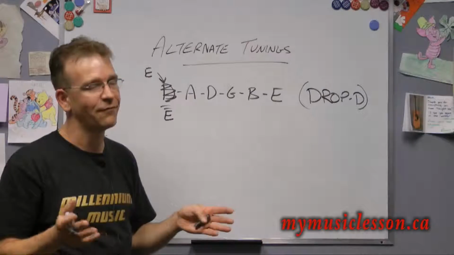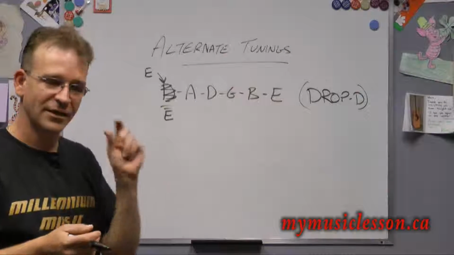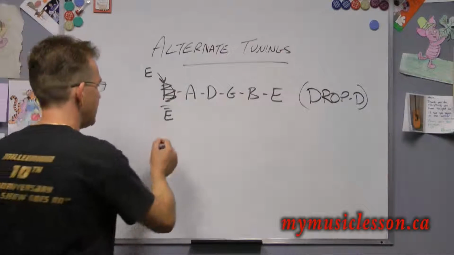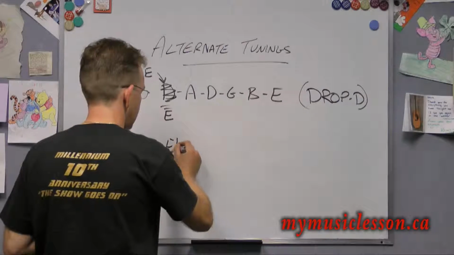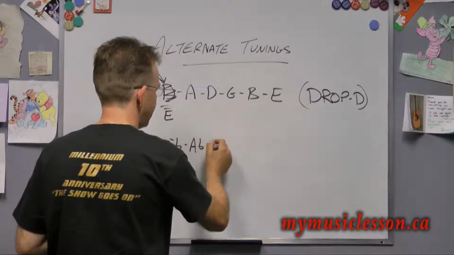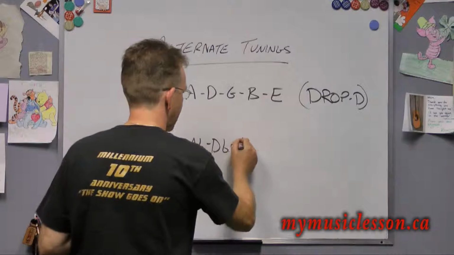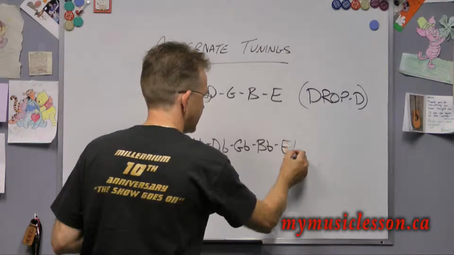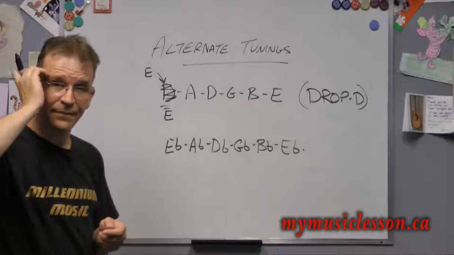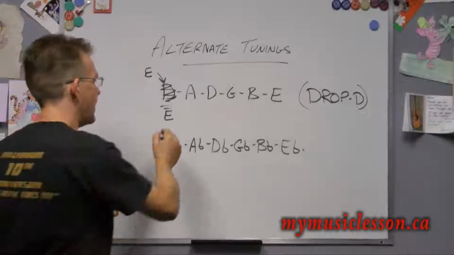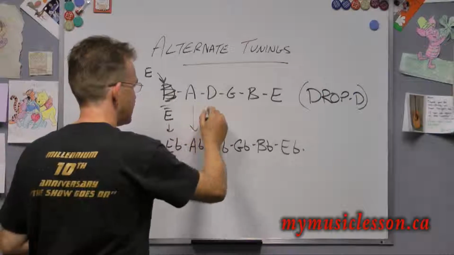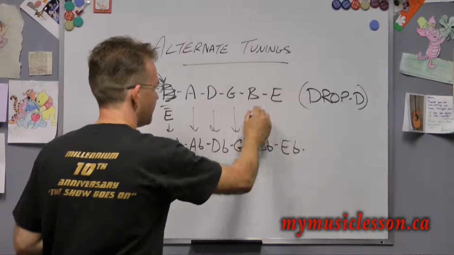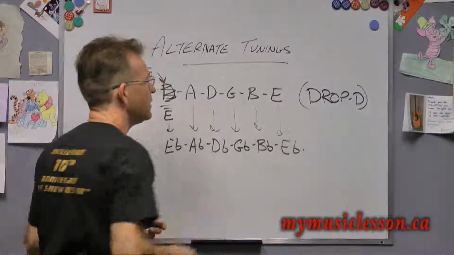It's the equivalent of a fret, but in tuning that doesn't really work. It's a semitone. And so we tune each of the strings, E flat, A flat, D flat, G flat, B flat, and E flat. Okay? So we've just taken every string and lowered it down what we call a half a step or a semitone.